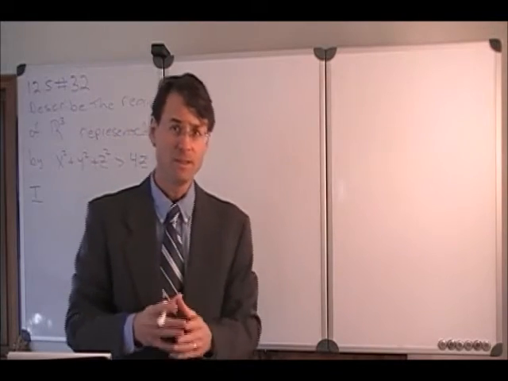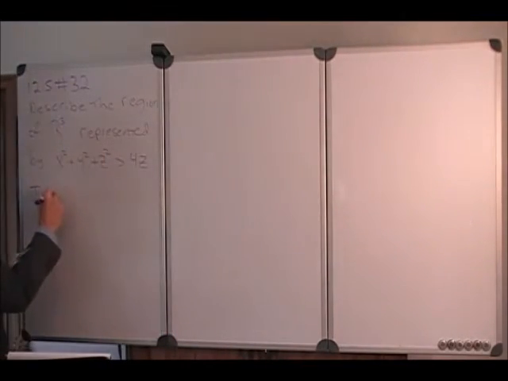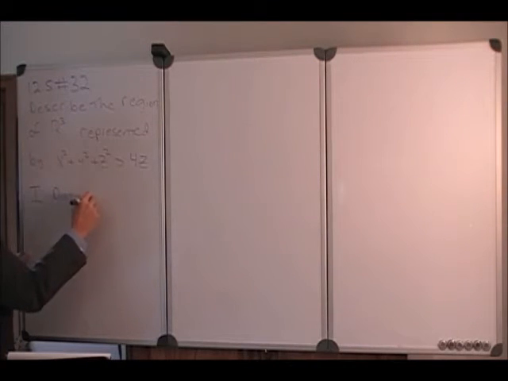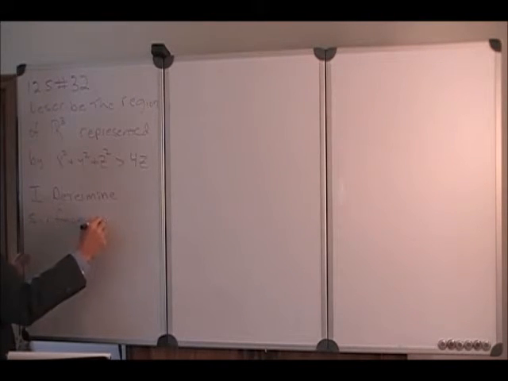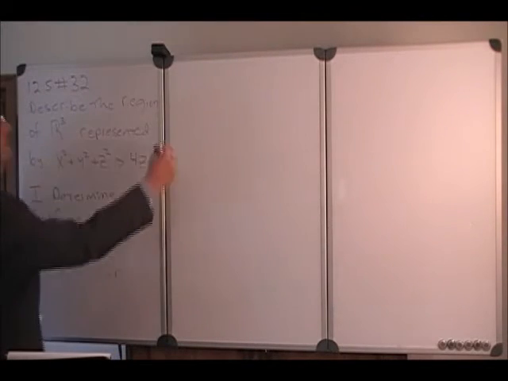So the general approach that we're going to take is we're going to determine what the surface is and which side the region of interest is on. Alright, so that's our big idea.